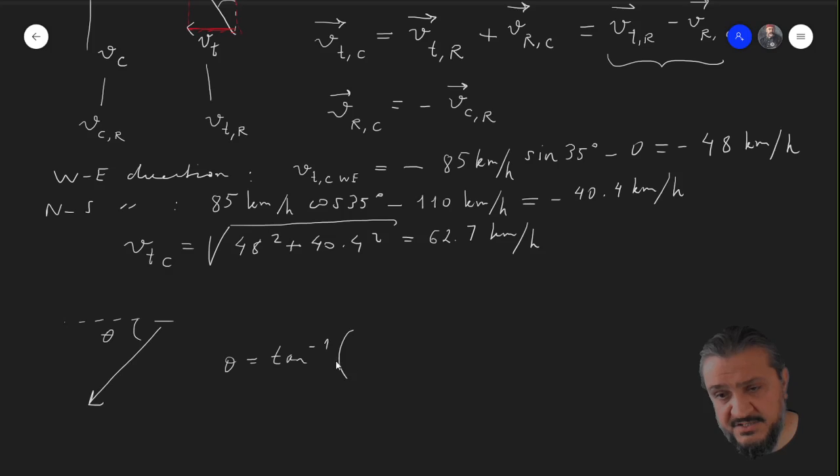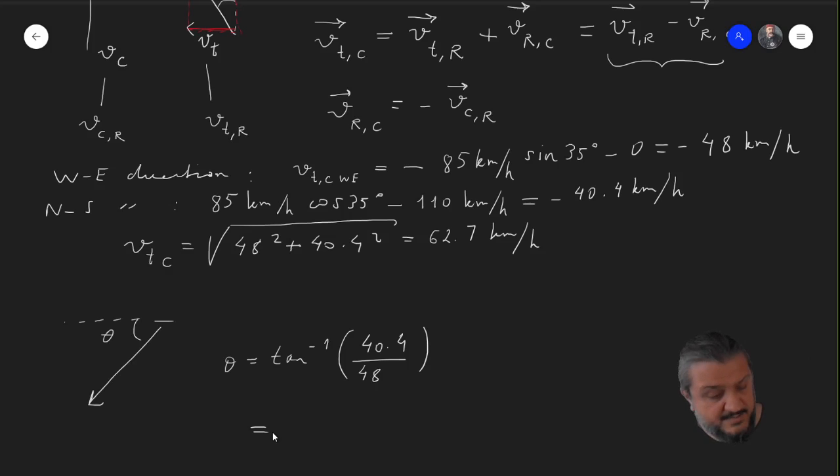The arctangent of the northwest component, that is 40.4, and east-west component, that was 48. So 40.4 divided by 48. Take the arctangent of that, 40.08 degrees. Okay, that's how we find the direction.